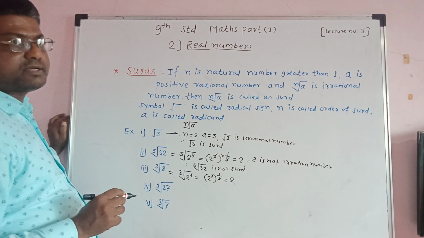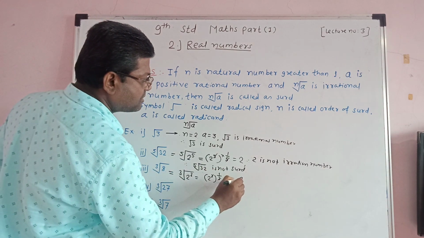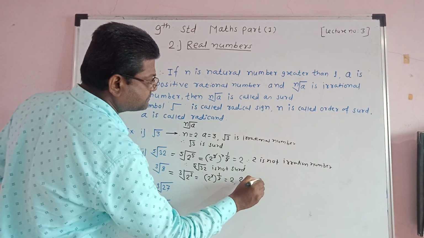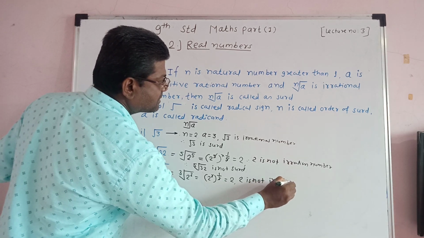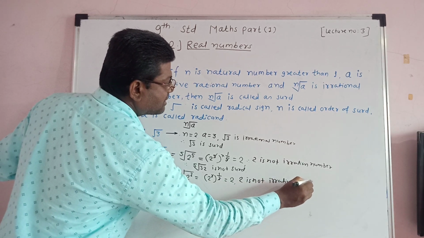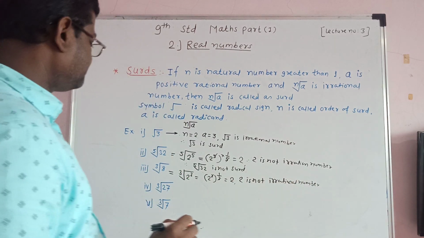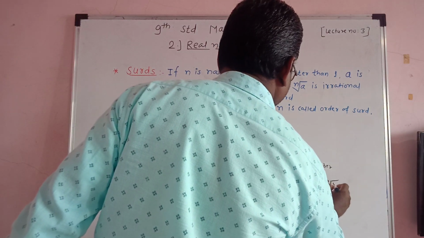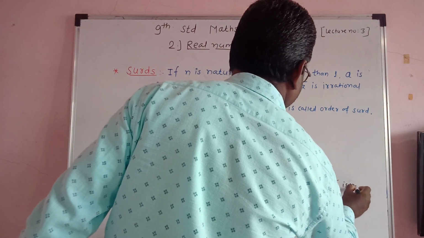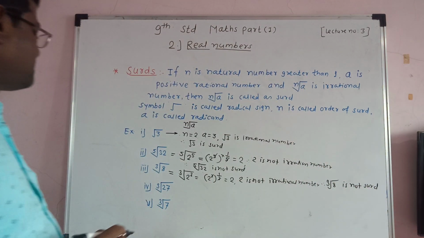But 2 is a rational number, 2 is not an irrational number, therefore cube root of 8 is not a surd.